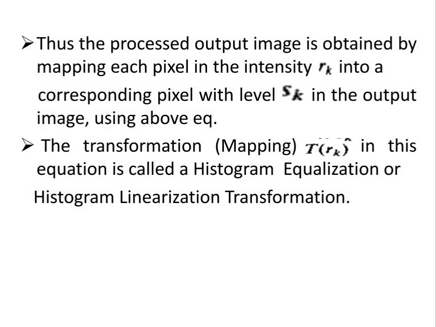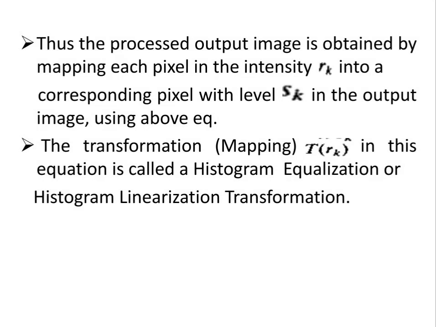Thus, the processed output image is obtained by mapping each pixel in the input image with intensity r_k into a corresponding pixel with level s_k in the output image. The transformation mapping T(r_k) in this equation is called histogram equalization or histogram linearization transformation.